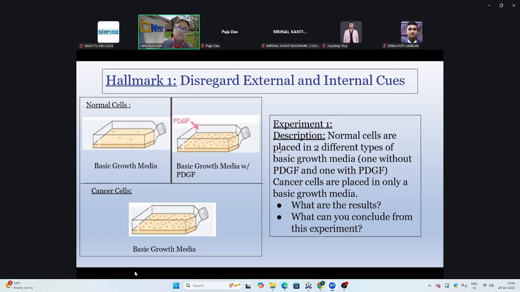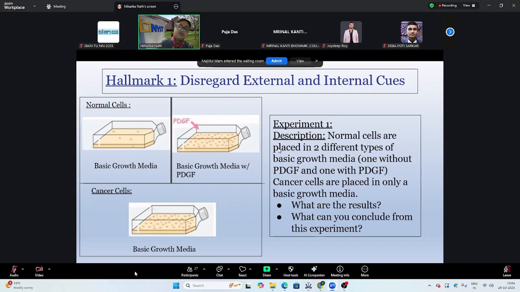In this clock, two new cells have just been made, like in your GI tract, your stomach lining. Remember, I said every 4 or 5 days cells have to be made. So let's say this is the GI tract, and this is one cell. This cell stays in the clock for a good time, let's say about 12 hours.